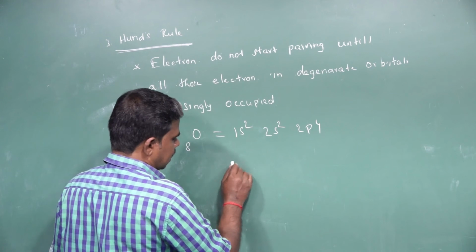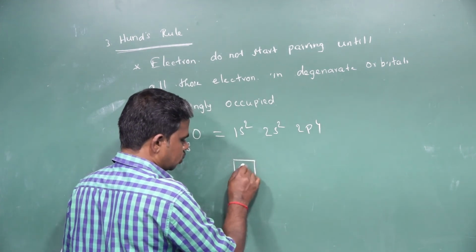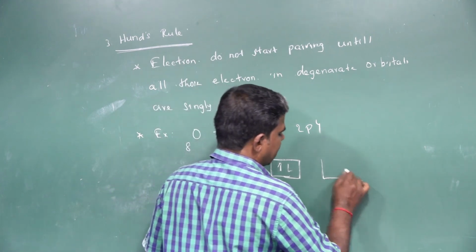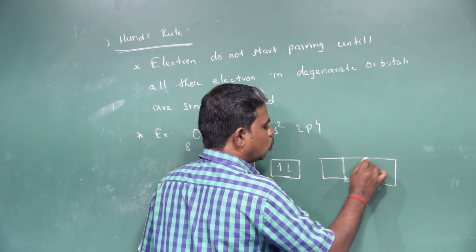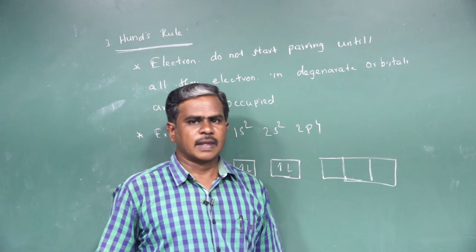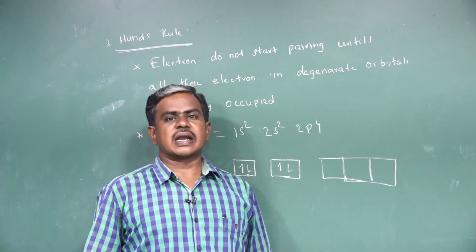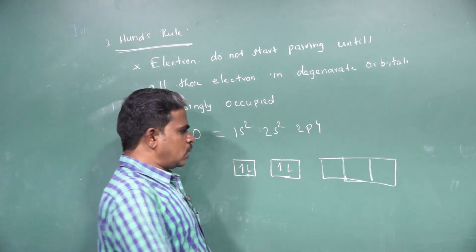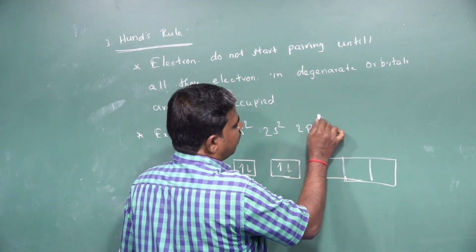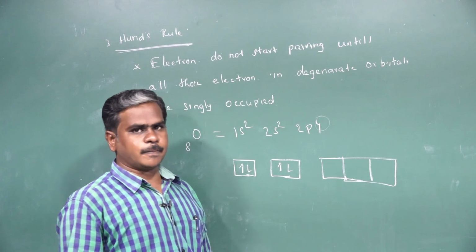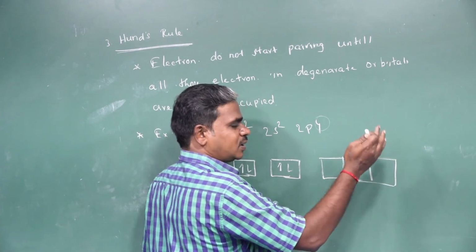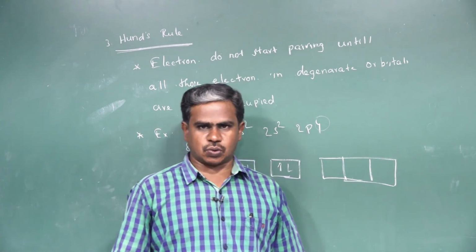So here it is 1s2 and 2s2, and we consider the 2p orbital. These three orbitals have equal energy; they are called degenerate orbitals. Now, what will happen? We fill in the 4 electrons. First singly, after that paired. It is nothing but Hund's rule.